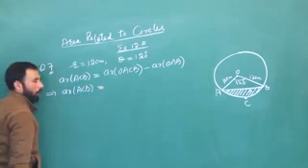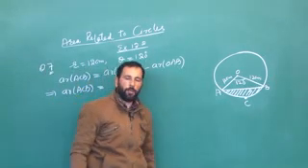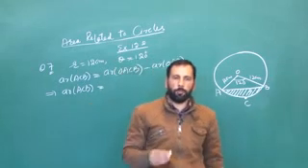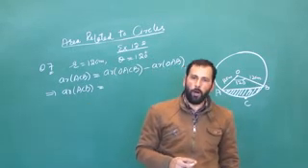Area of ACB is equal to area of the sector. We know that area of a sector is theta divided by 360 into pi r square.